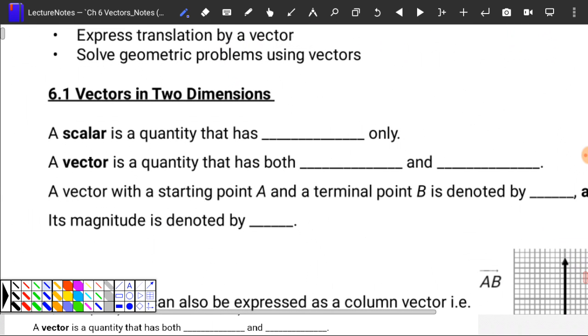So we start properly. We say that a scalar is a quantity with magnitude. So this word is magnitude. An example will be distance. The vector consists of both magnitude and direction.